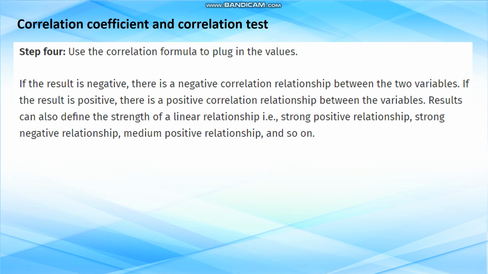So the result can also define the strength of a linear relationship. It depends: a strong positive linear relationship, or strong negative relationship, weak positive relationship, weak negative relationship, or medium positive relationship, and so on.